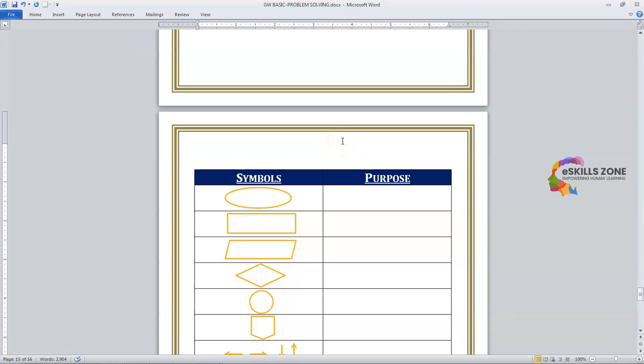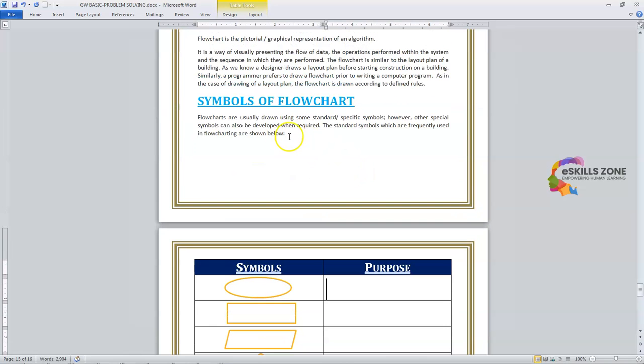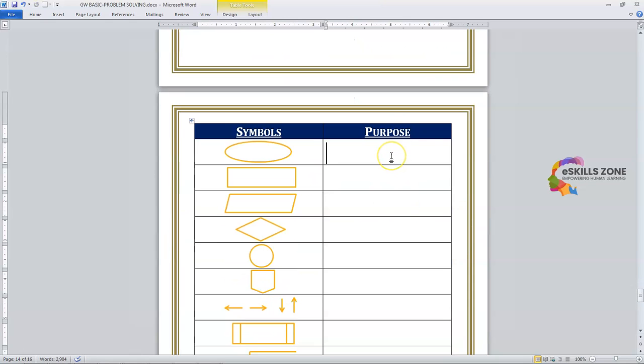First of all, we will discuss the first one. This is an oval symbol which is used to start and end flowcharts.